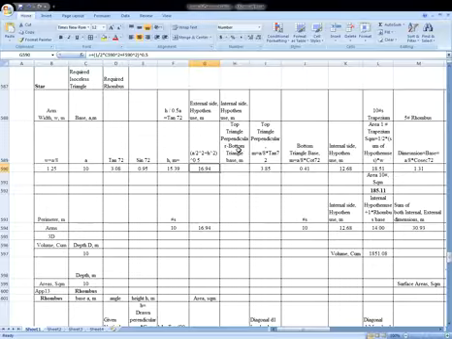Internal side hypotenuse is top triangle perpendicular minus bottom triangle base, which is equal to internal side hypotenuse.